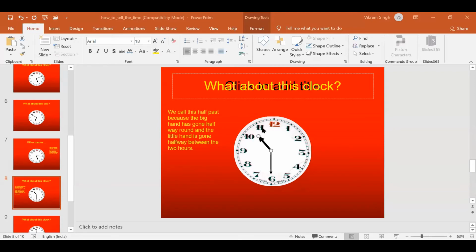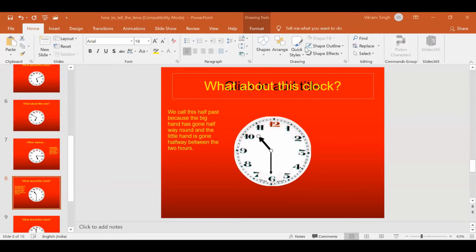So you are not going to say 11. Why? Because it has not reached at 11 till now. So you are going to read it as 10:30 or half past 10. Half past for minutes and 10 for hours.